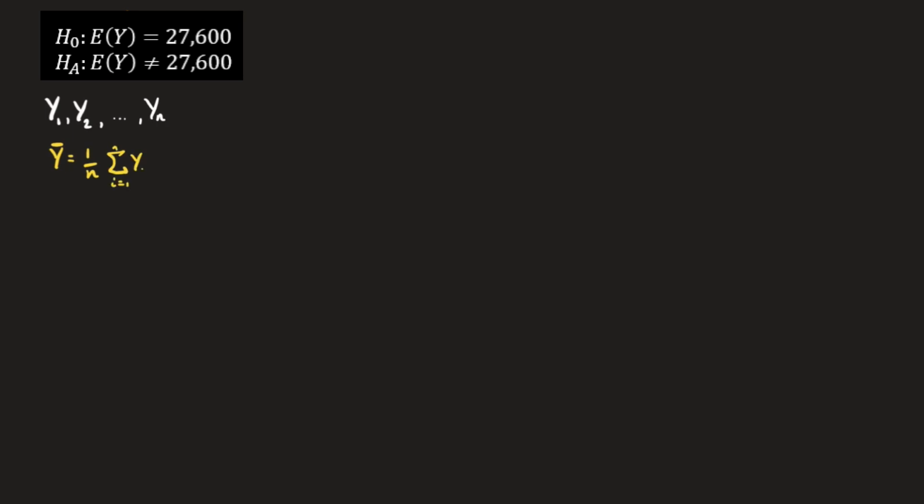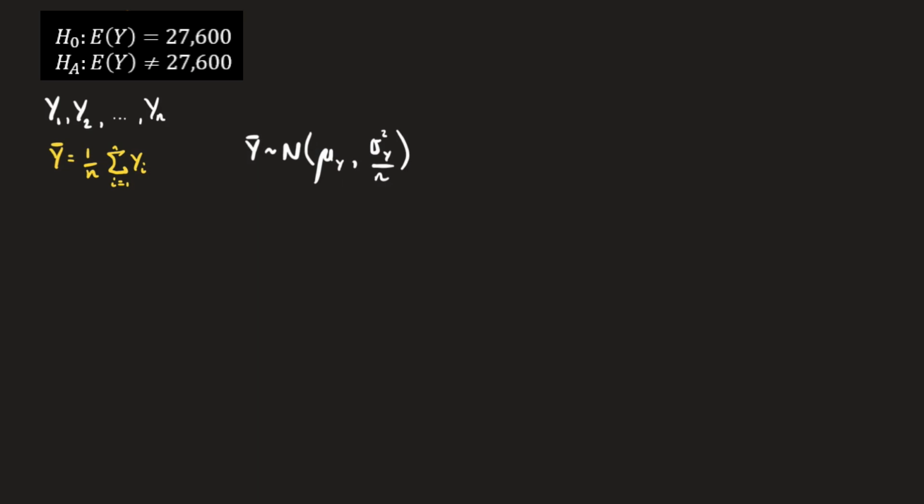So in other words, on average, it would produce the correct value. We also know that if we have a large enough sample, the sample mean will be approximately normally distributed with expectation equal to the expectation of y and variance equal to the variance of y over n.